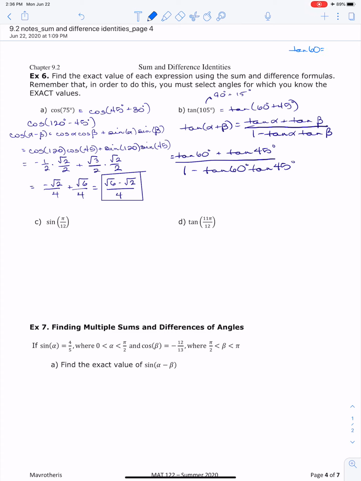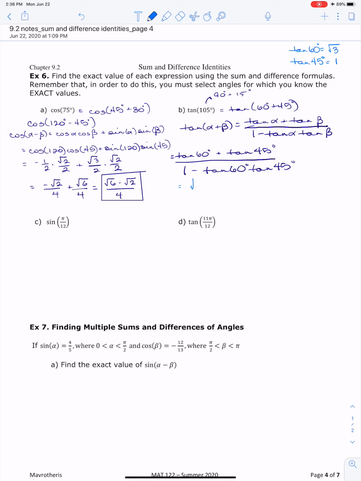At 60 degrees, sine is square root of 3 over 2, cosine is 1/2, so the tangent at 60 is square root of 3. Tangent at 45, again, sine and cosine are the same at 45, so we get 1.